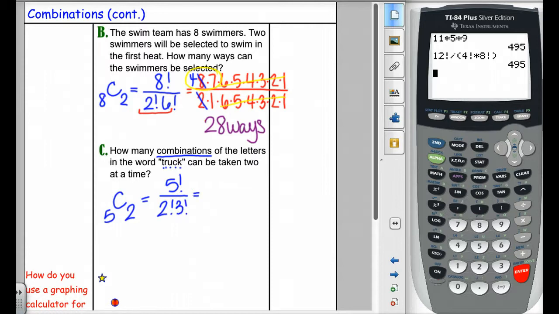I know that the 3 factorial is going to cancel, which leaves me with 5 times 4 over 2. Then 2 will cancel 4 to make 2. That means I have 10 combinations.